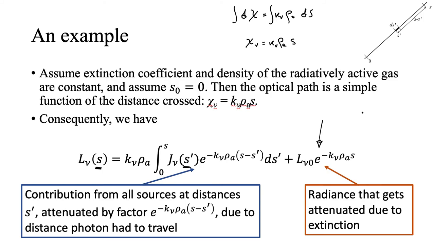So imagine that this is the origin, this is S where you are, and you're in the medium. Now the beam of photons has to go through all this path, from 0 to S. And within this path, it may have gained some photons because of the emission, okay?